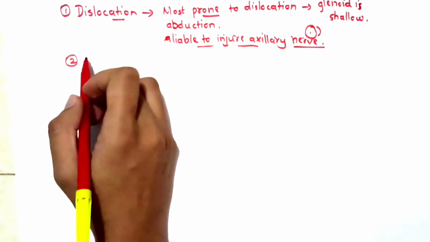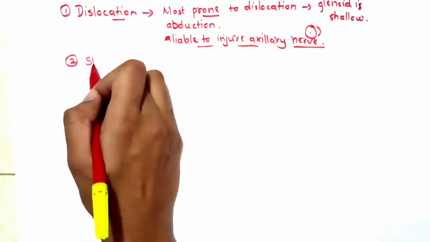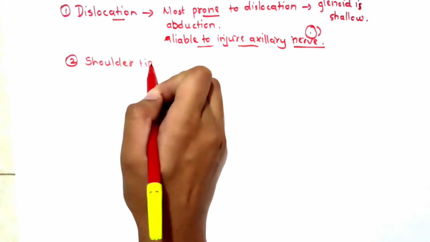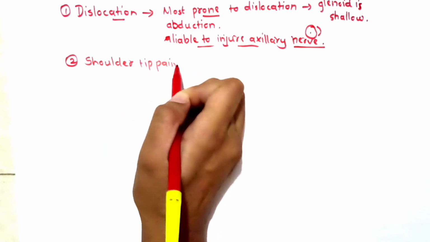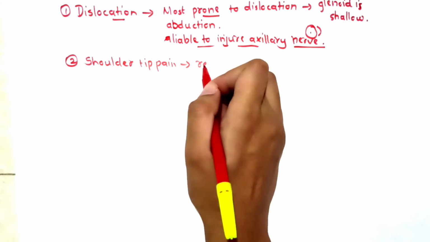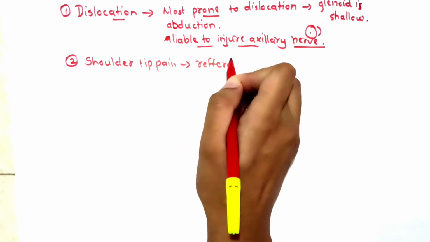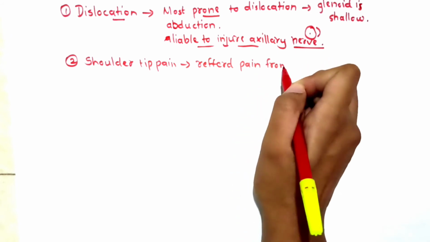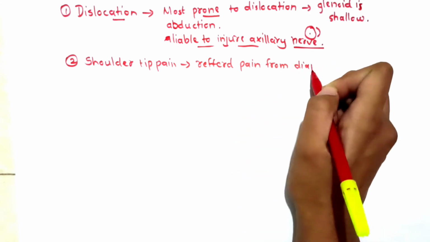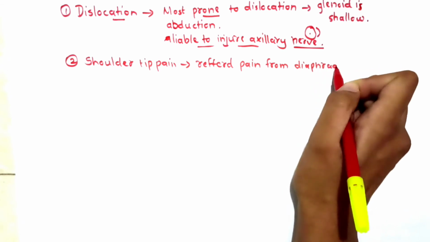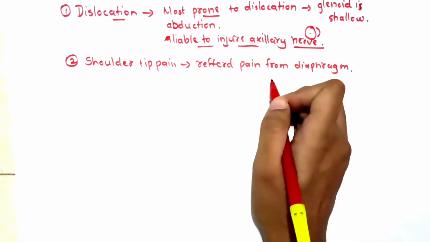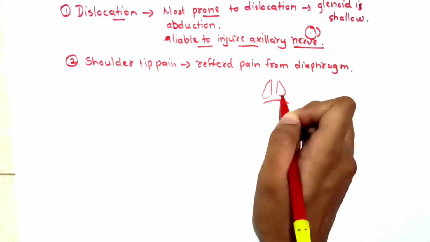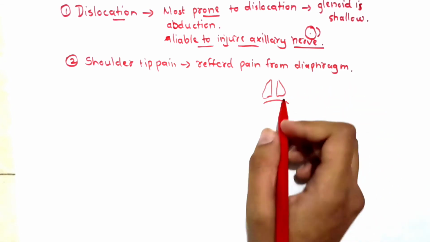Now the second point is shoulder tip pain. This is basically referred pain from the diaphragm, the muscle which helps in respiration.